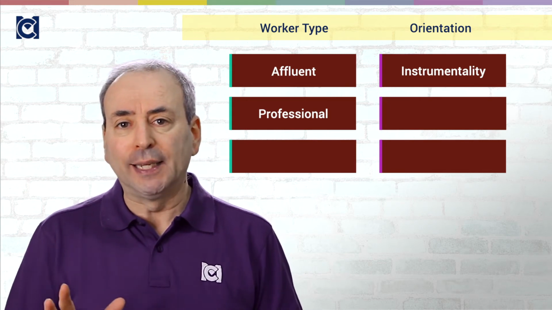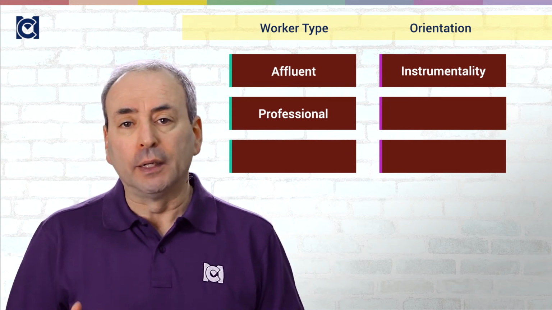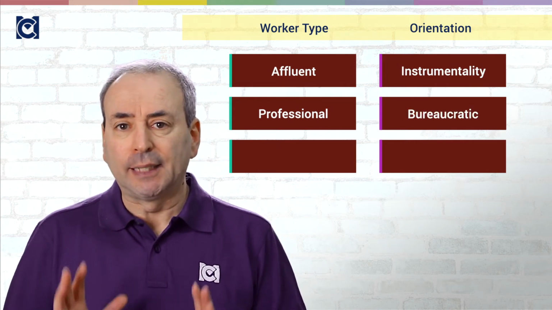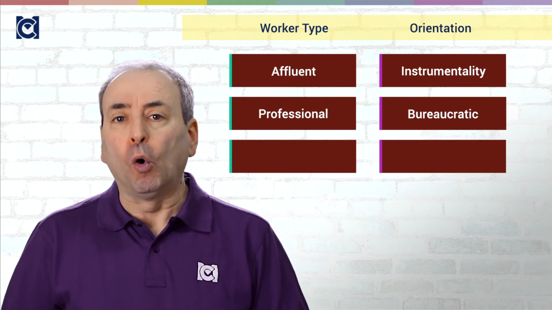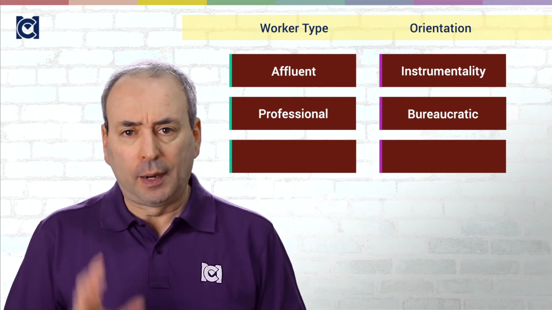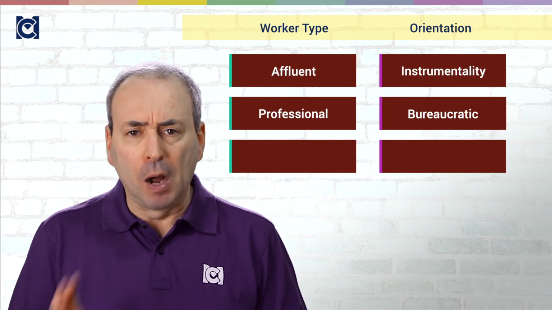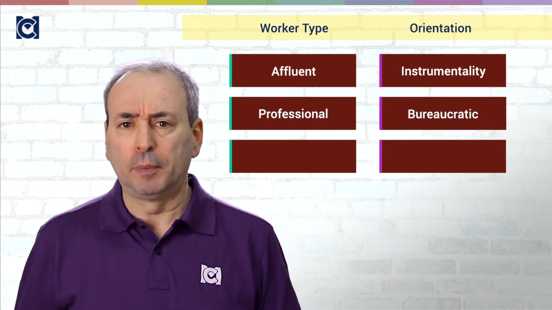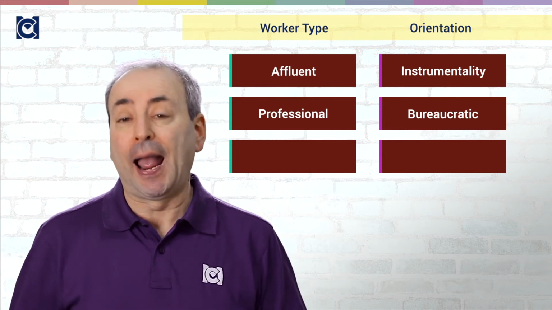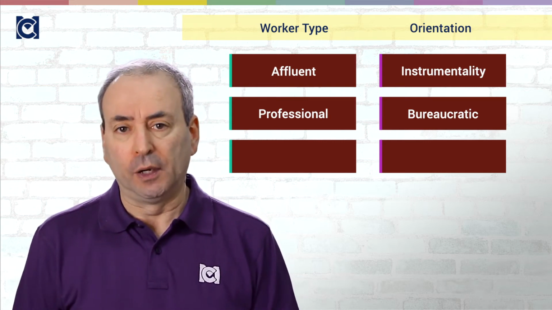And the orientation that Goldthorpe and his colleagues identified for them is bureaucratic. They take a process-oriented view of the world. We'll come back to this in a moment, because I think for a lot of the people watching these videos, you will self-identify as professional in one way or another.